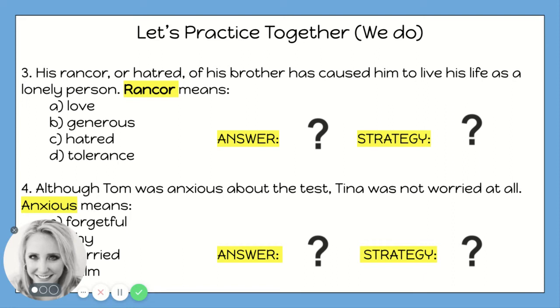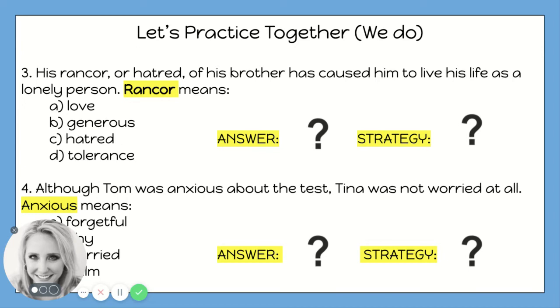His rancor or hatred of his brother has caused him to live his life as a lonely person. Rancor means: love, generous, hatred, tolerance. We know what love means. Generous means to give. Hatred, you have that in your heart. You don't like somebody. Tolerance, you sort of put up with somebody.